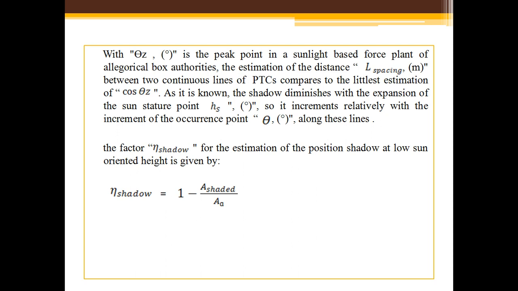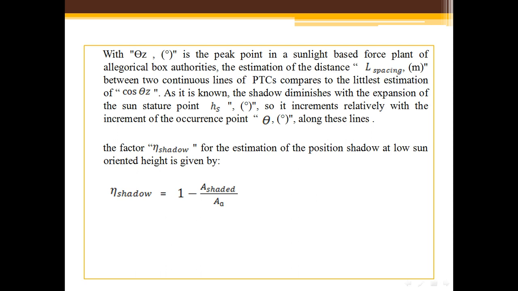As is known, the shadow decreases with an increase of the sun height angle, so it increases proportionally with the increase of the incidence angle. Therefore, the factor for the calculation of the row shadow at low solar altitude is given by 1 minus A shaded to the opening area of the solar collector.